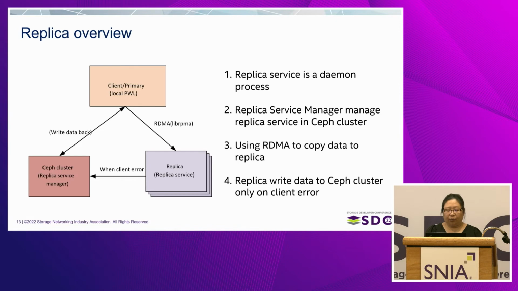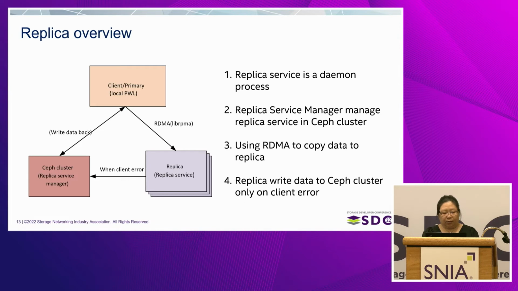All the data will be written to the Ceph cluster, then the Ceph cluster writes to the backend SSD or HDD. The replica service running in the replica is a daemon process, and the replica service manager, running in the Ceph cluster, is used to manage the replica services.